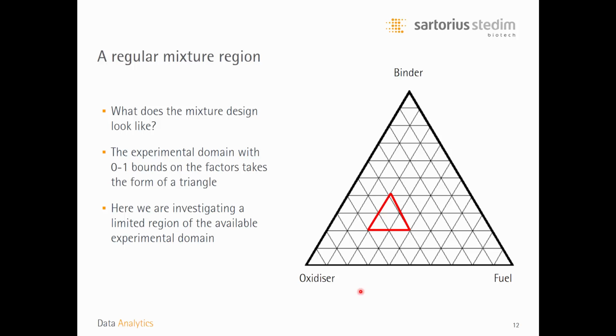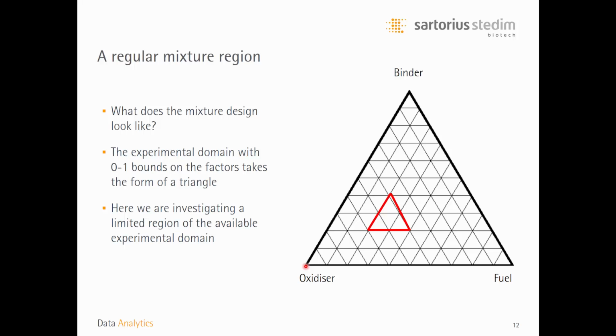On this slide, we are overviewing what the mixture design region will look like when we have three mixture ingredients in the mixture, and the triangular shape would arise if all three ingredients were allowed to vary between 0 and 1.